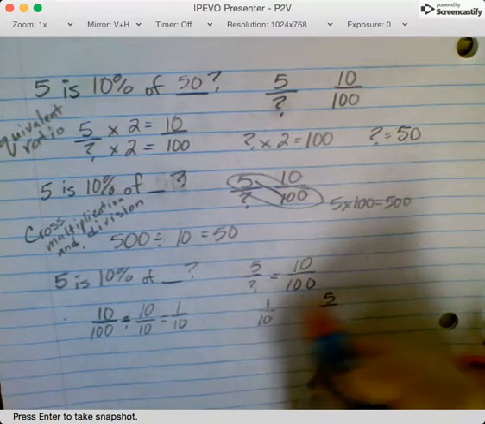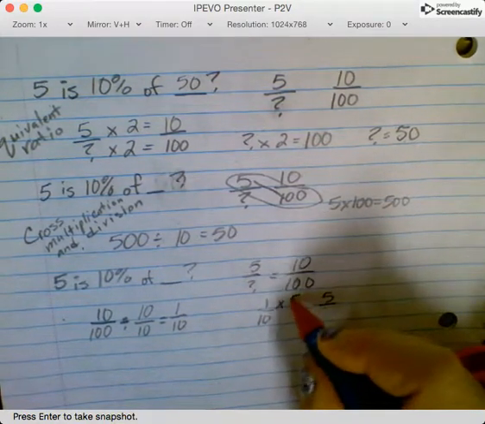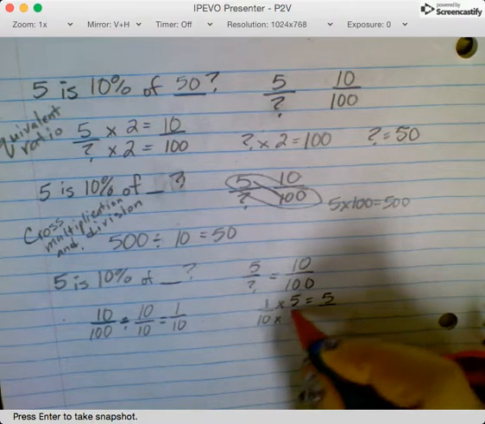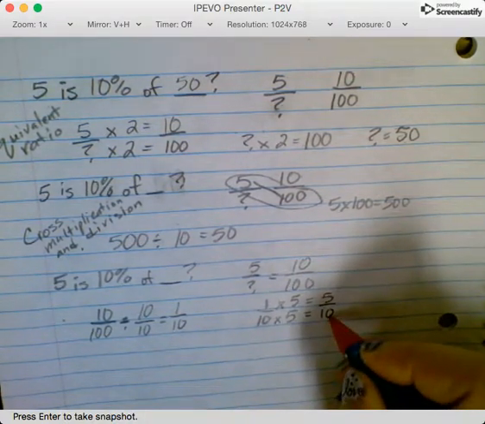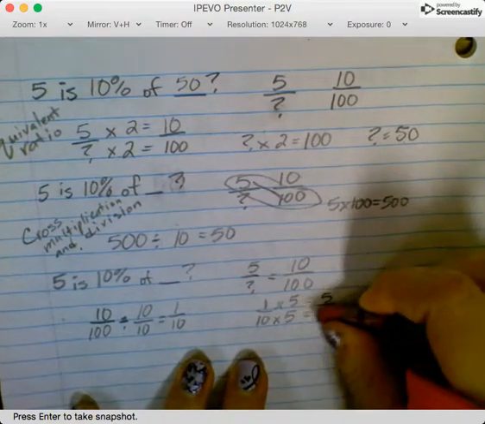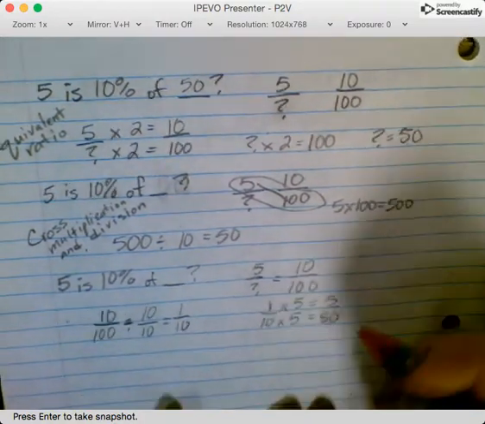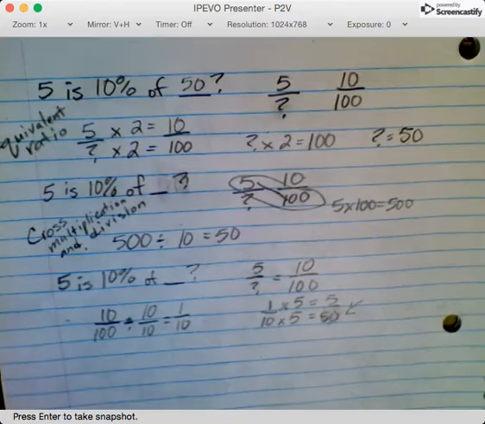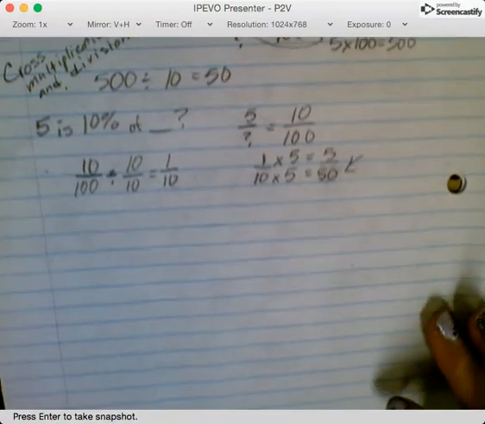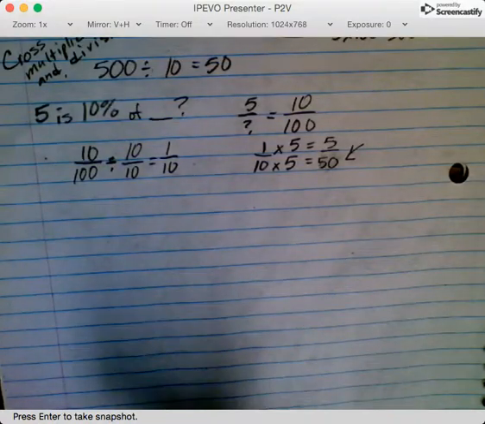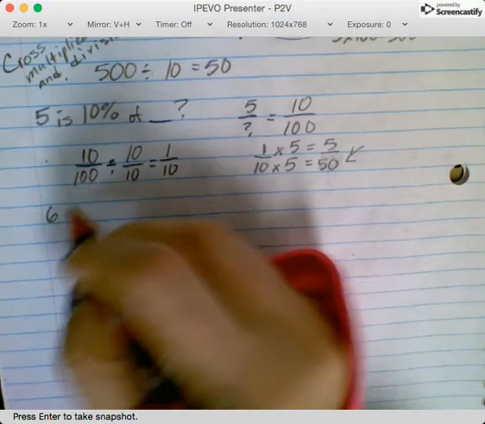So what do I take 1 times to get to 5? 1 times 5 equals 5. That means I also take my 10 times 5, which equals 50. 10 times 5 is 50. And so I get 50 there. Okay? So either of those 3 ways. Let me do at least one more problem each way, and just show you how you would do that.